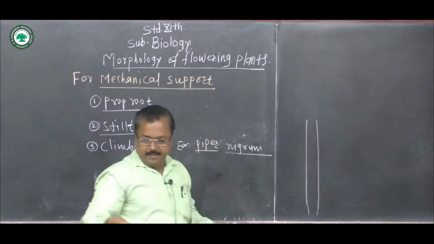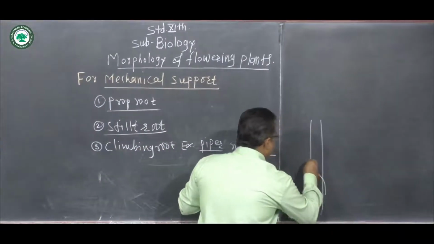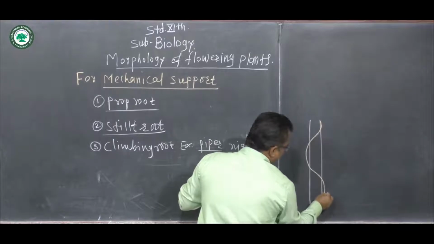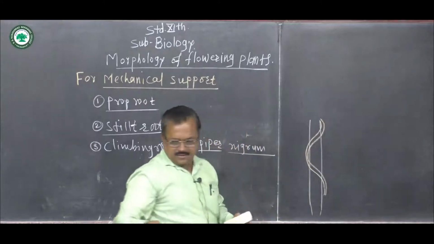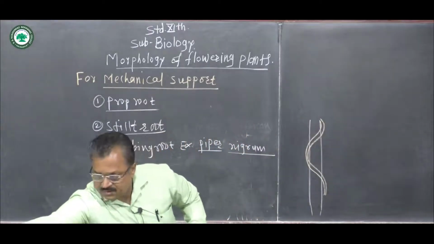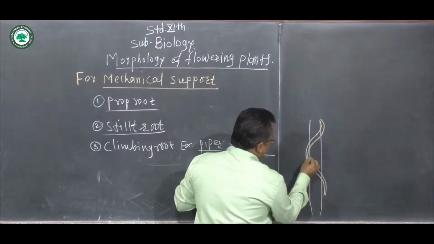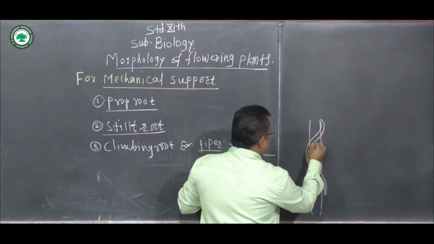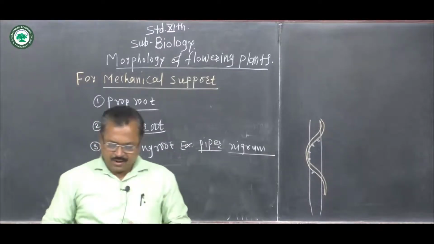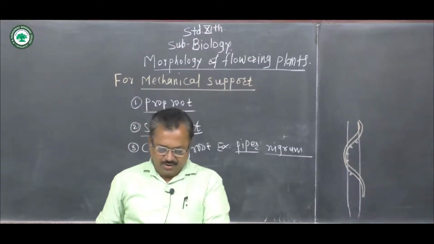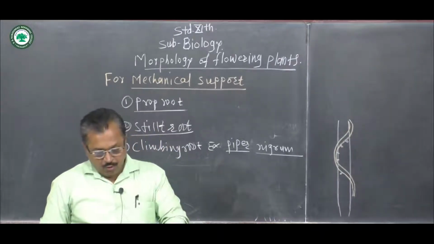Here the stem grows on the stem of another plant with its support, and the roots penetrate the stem of other plants, attach themselves for support, and rise and grow above.